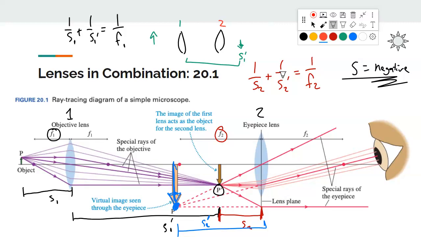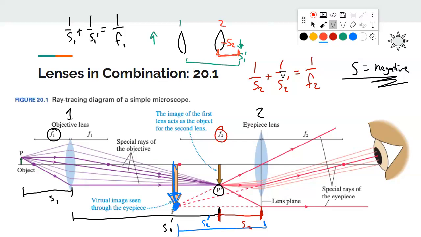Do you see what I mean? The light that lens 2 sees, which is coming from lens 1, is being focused somewhere that's on the wrong side of lens 2. And so we would have to find this distance, right? We would have to use the separation of the lenses to figure out how far lens 2 is from that image. And this is what we would call S2, and it would be negative.